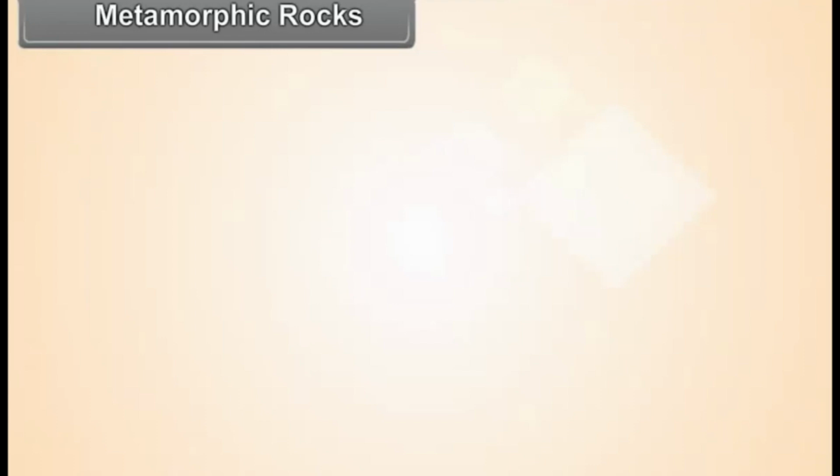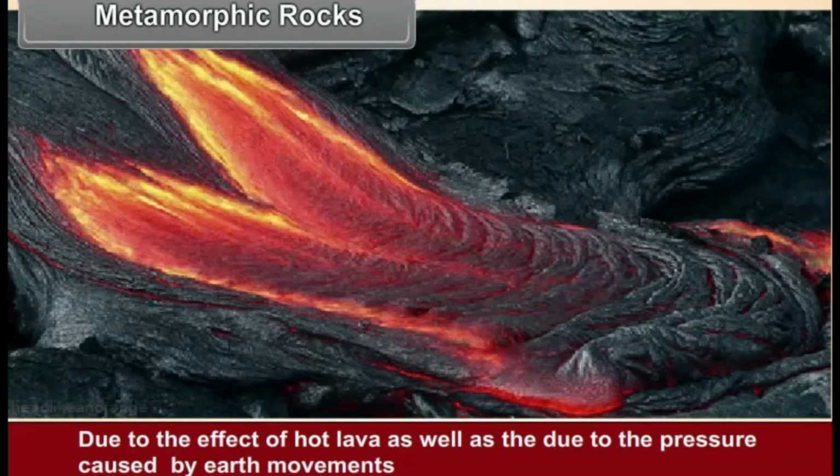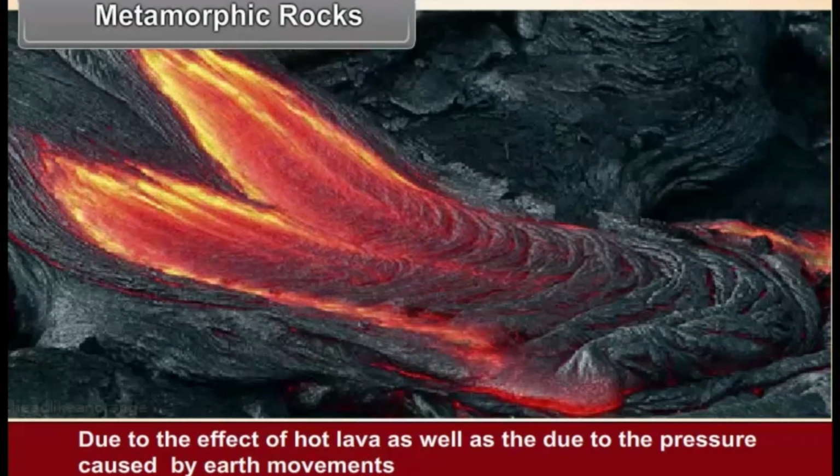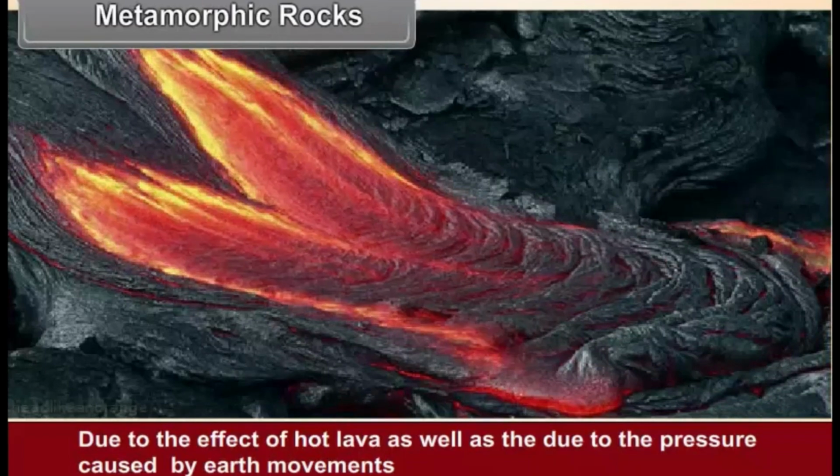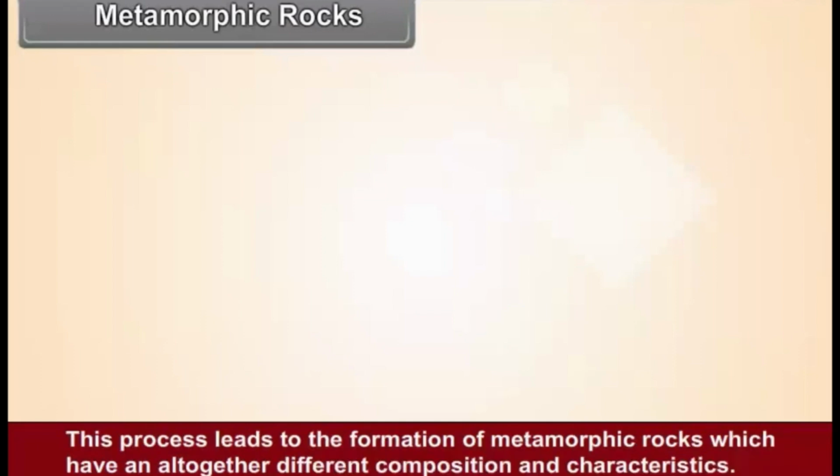Metamorphic rocks. Due to the effect of hot lava as well as due to the pressure caused by earth movements, the crystals in the original rocks, igneous or sedimentary, get crystallized again. This process leads to the formation of metamorphic rocks, which have an altogether different composition and characteristics.